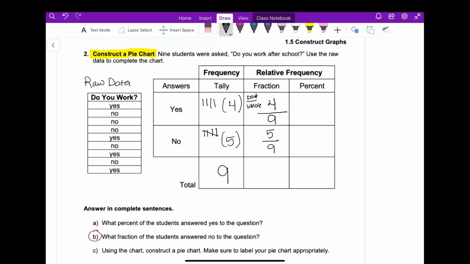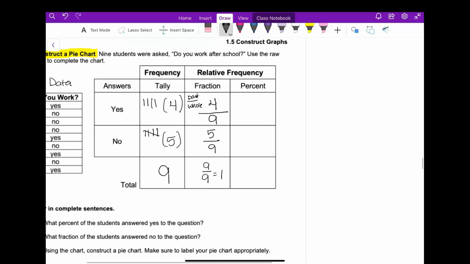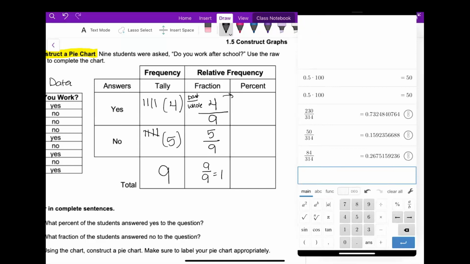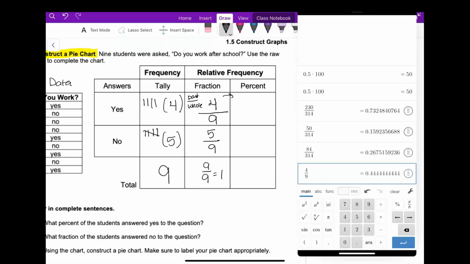How about the total people? 9 out of 9, which we've seen before, is 1. Great. How about 4 over 9 to go to percent? Remember our process, we have tried this already several times. So we have 4 divided by 9 will give us a decimal. 2 places to the right will give us our percentage.